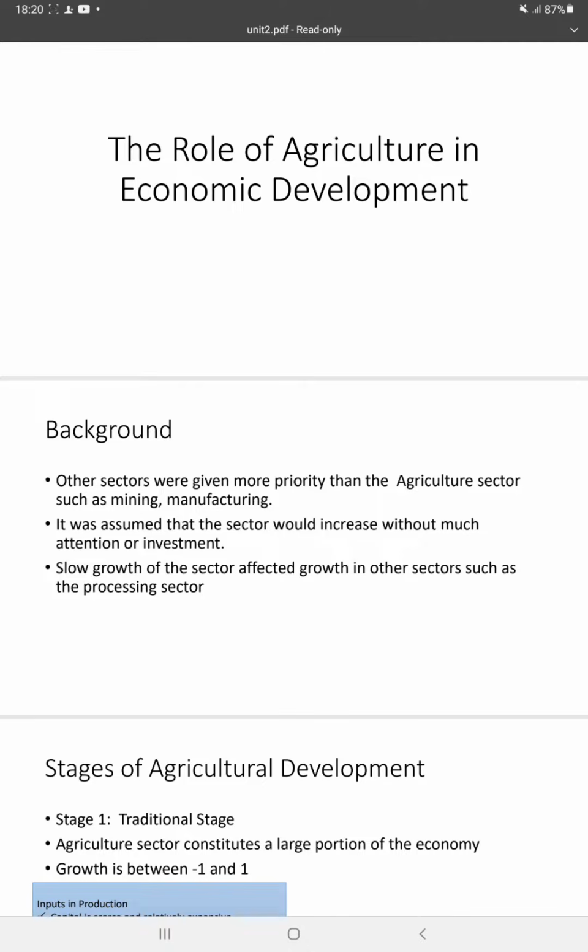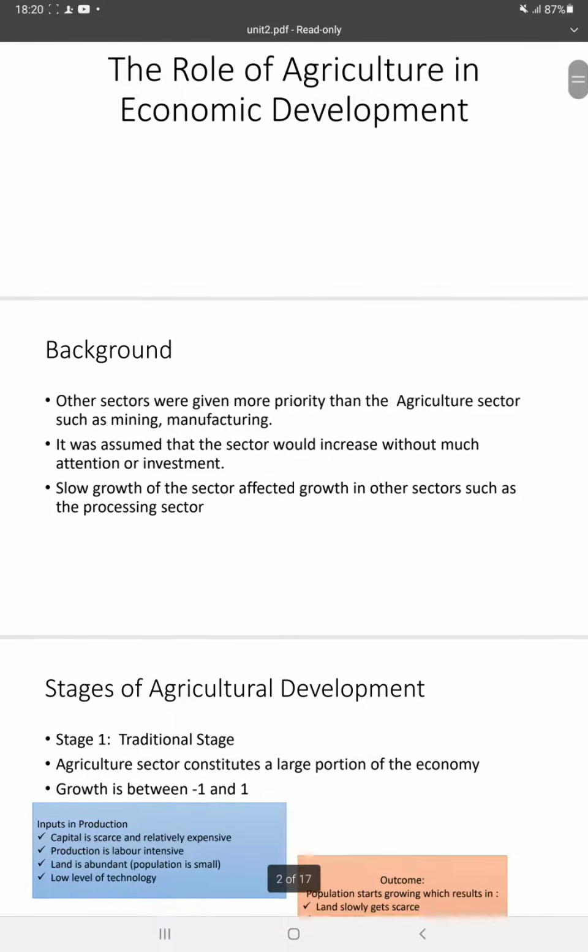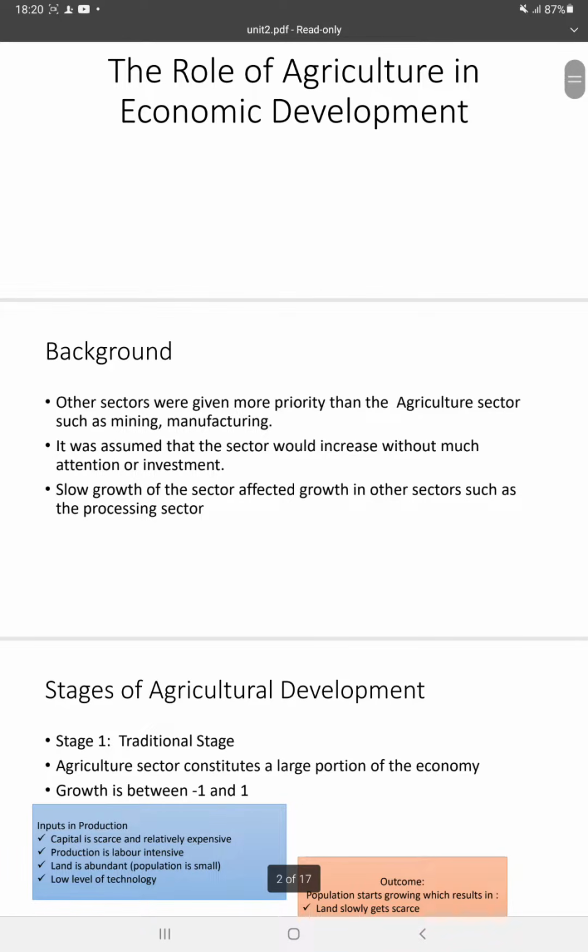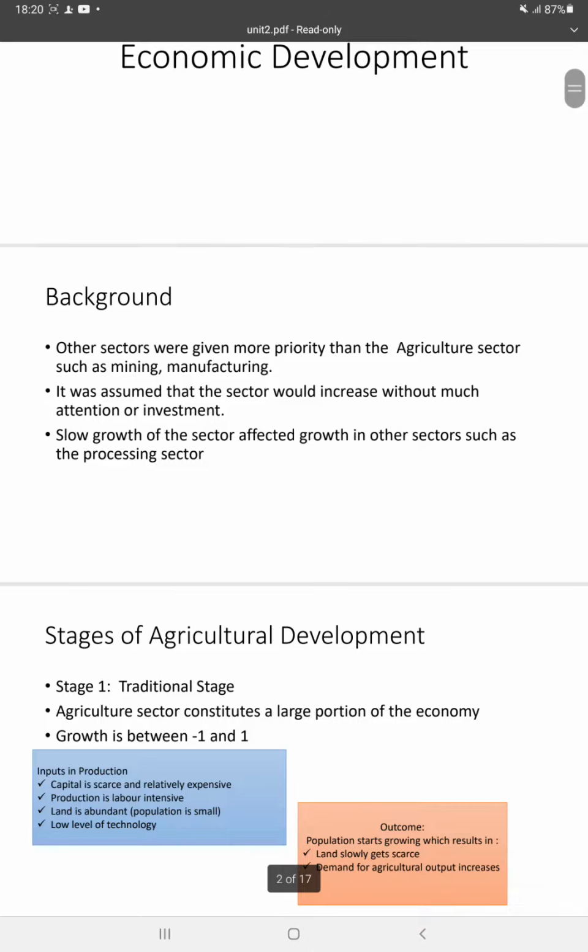Yeah, so we now look at the role of agriculture in economic development. The background: we can understand that some sectors were given more priority in Zambia than the agriculture sector, such as mining and manufacturing.